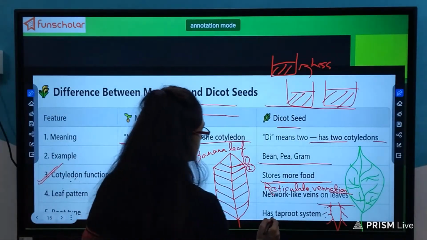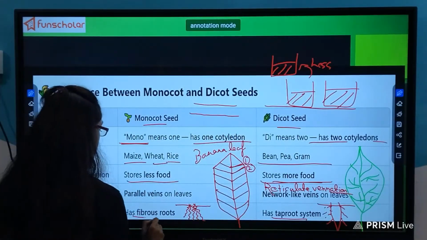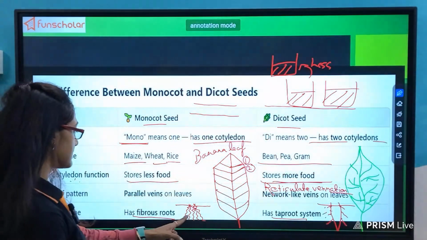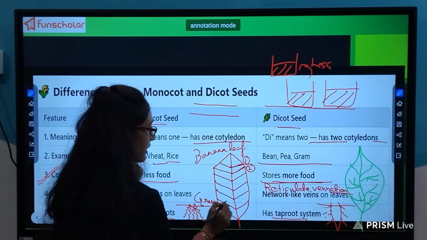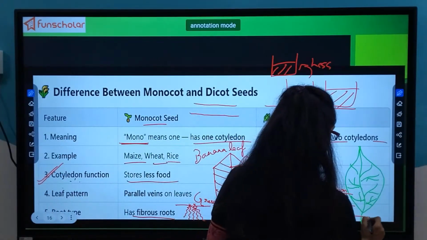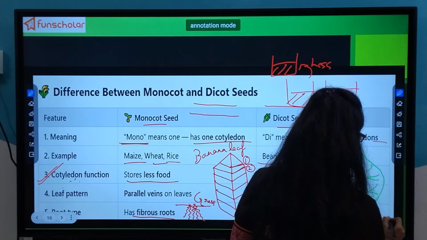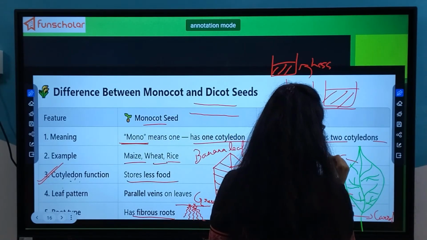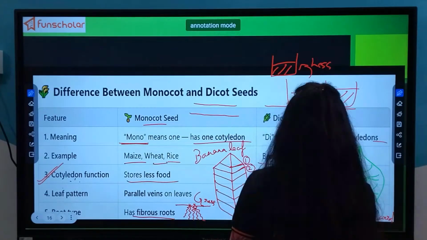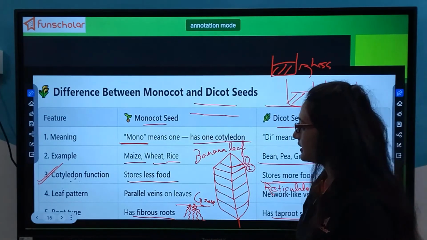That root is known as taproot, and here the root is fibrous root. This type of root is seen in case of grass, and this type of root you can see in case of carrot. And this is the leaf of peepal tree, and this is banana leaf.